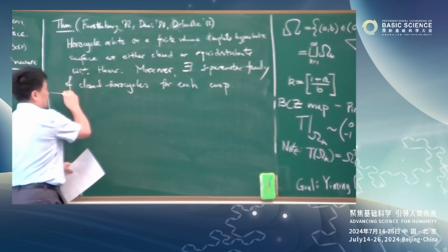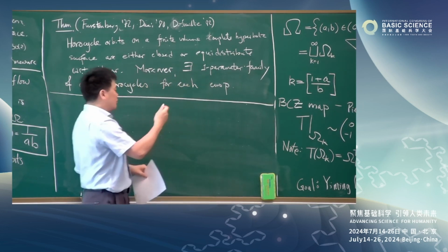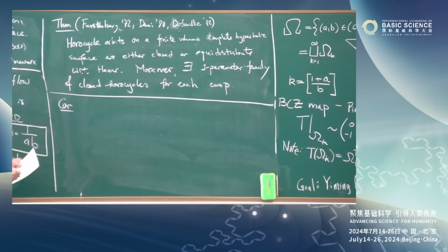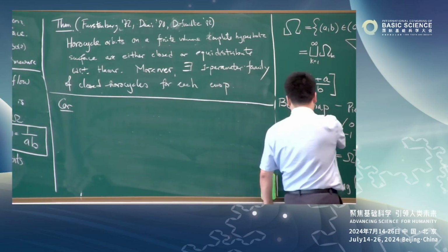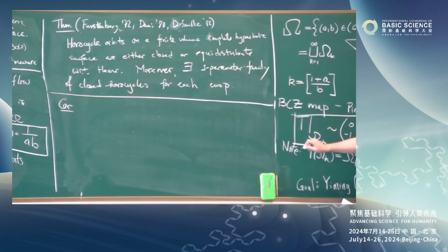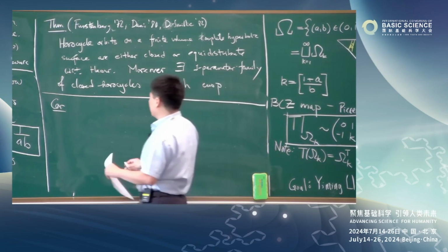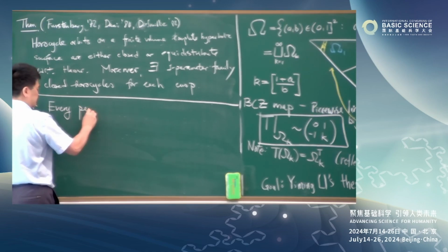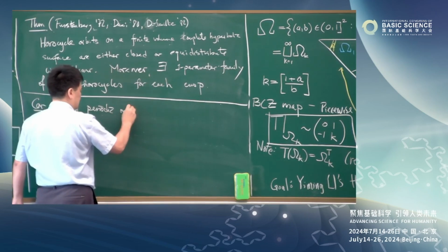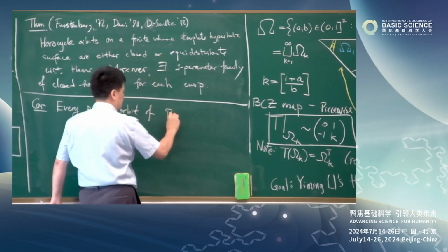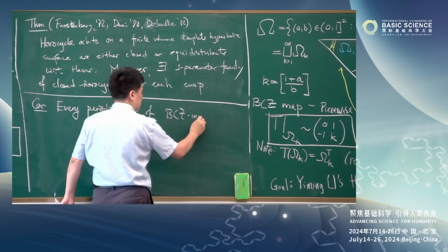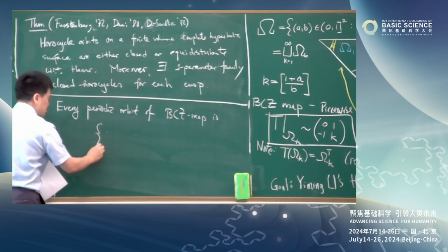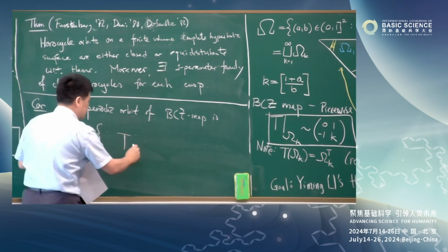So, as a corollary to this fact, if we take this BCZ map, this piecewise linear bijection, we can find all of the periodic orbits, and every periodic orbit is of this form.